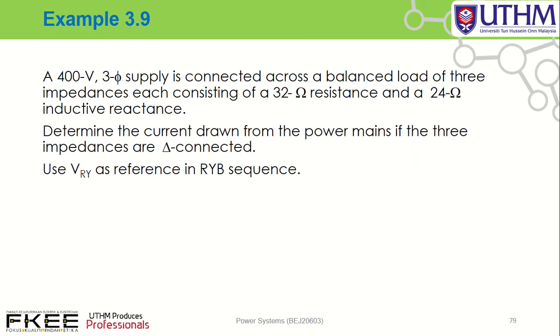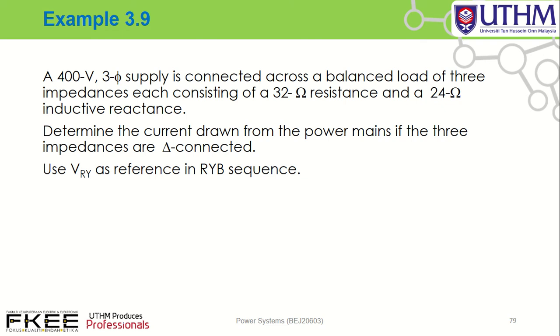Okay, let's try this example. Let's say a 400 volt 3-phase supply is connected across a balanced load of 3 impedances, each consisting of a 32 ohm resistance and a 24 ohm inductive reactance.